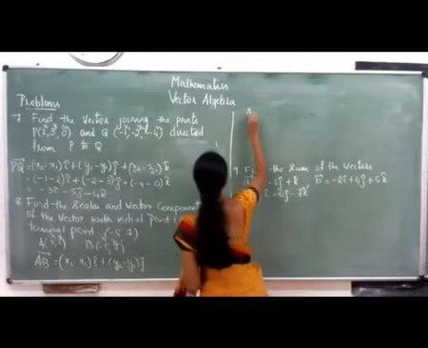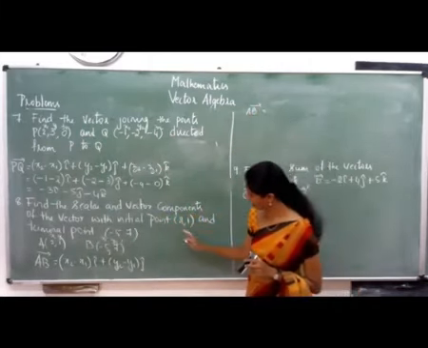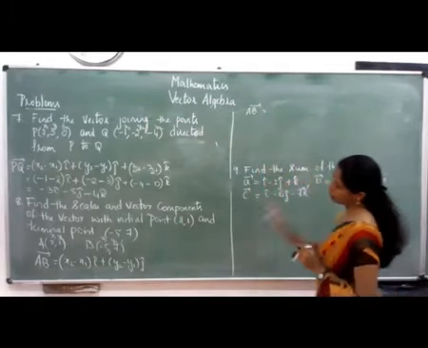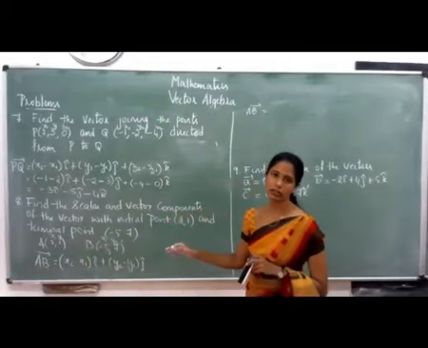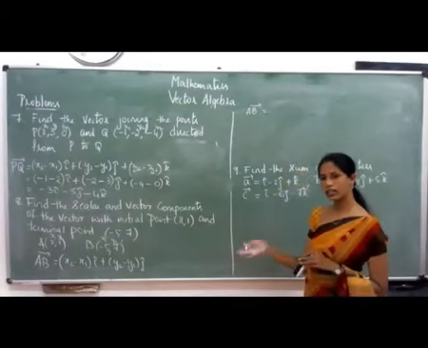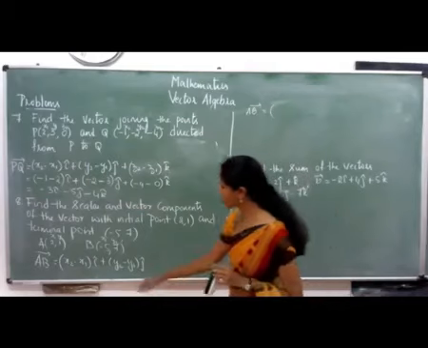So vector AB is equal to, you should be very careful, they have specified which is your initial and which is your terminal point. The initial point coordinates you should take as x1, y1 and the terminal point coordinates as x2, y2. In case you have a z coordinate, then z2 as well. Therefore vector AB is equal to x2 minus x1.